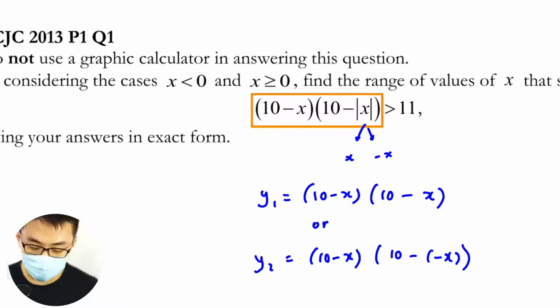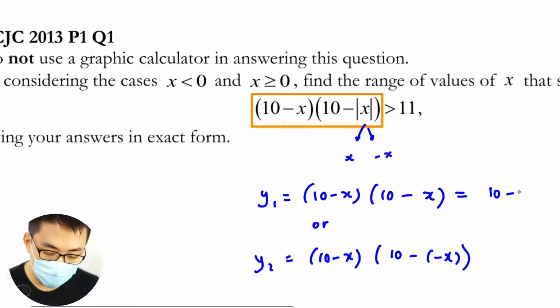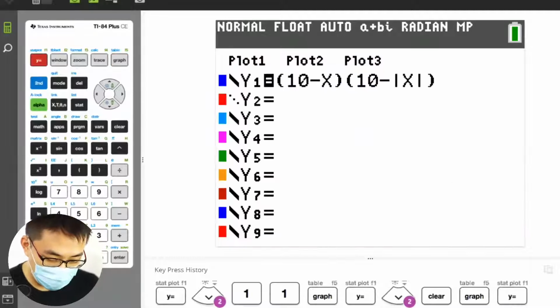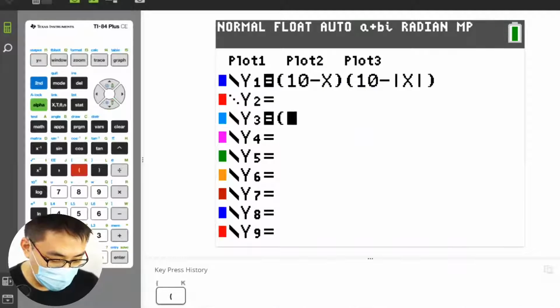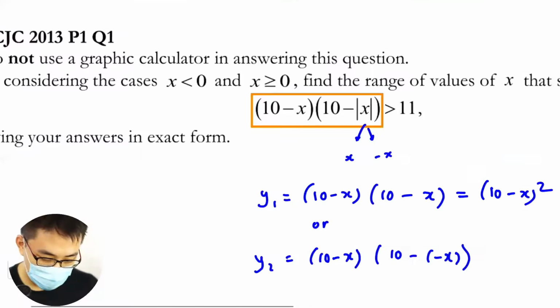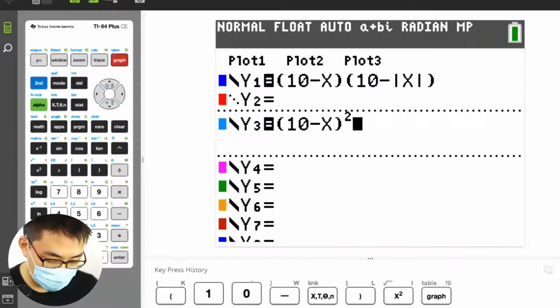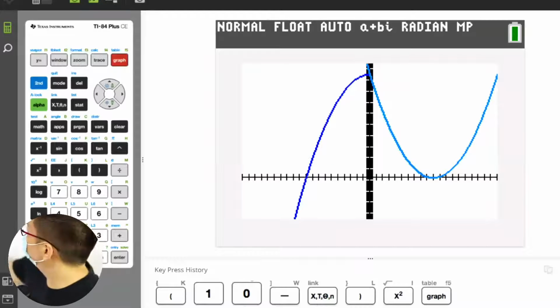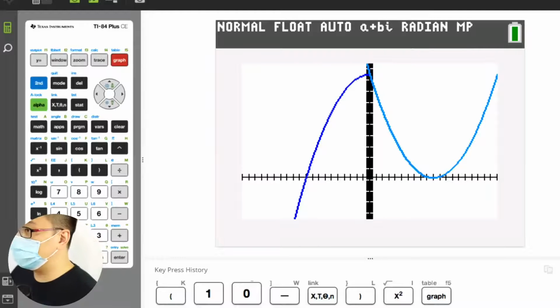What you could do is key in this equation and trace it. You see whether it's part of the graph. So this will be 10 minus x squared. Okay, there you go. Then you just graph it. You see this part here? It overlaps with the original curve when x is bigger than 0.